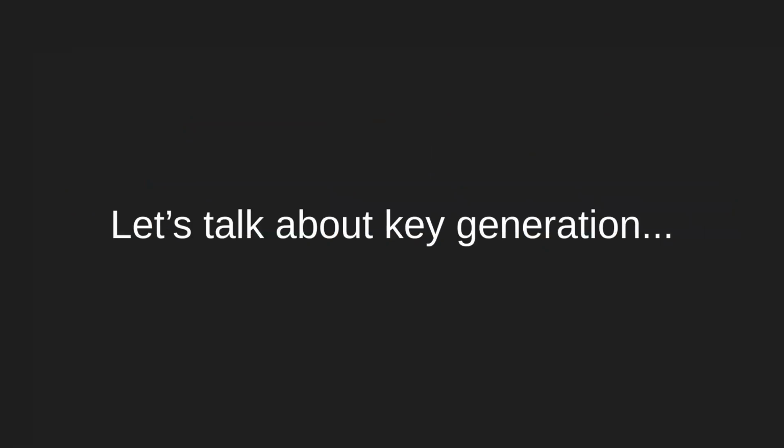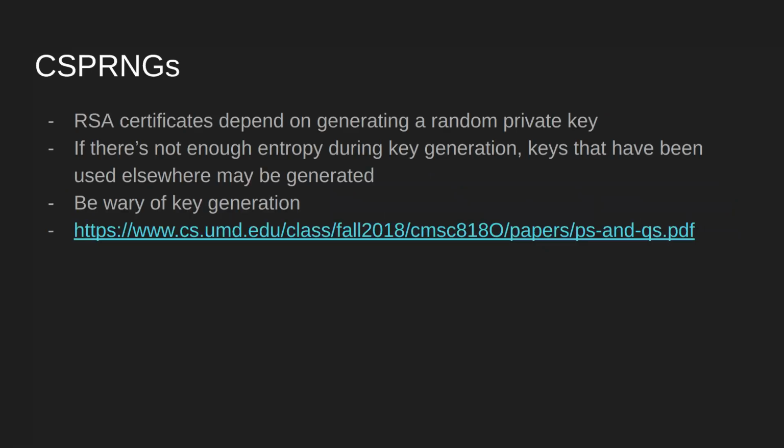Let's talk about key generation. There's an assumption that you generated keys properly, which doesn't always hold. If you don't have enough entropy in your system when you're generating RSA keys and your software isn't designed properly, then you can potentially generate weak keys. What do I mean by weak keys? You don't have enough randomness to generate keys.